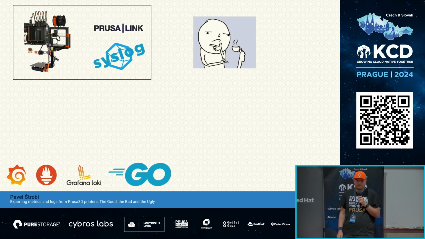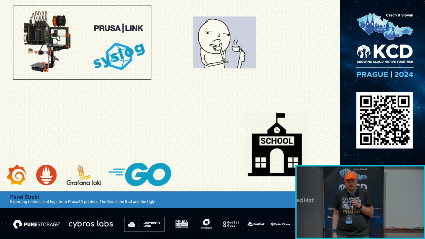Now it's time to think again. Who is my target audience? That's not an easy question. Maybe schools, maybe our fans, who knows? Some fans have like 20 printers at once, and observing them will be much easier via one tool.